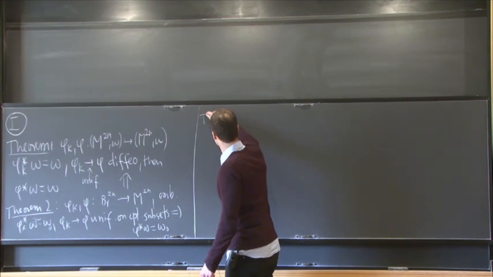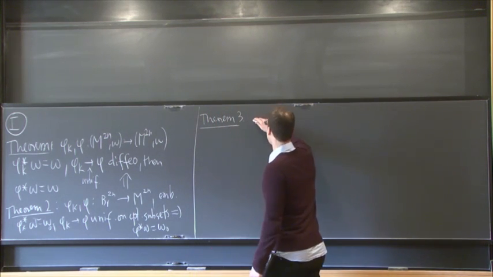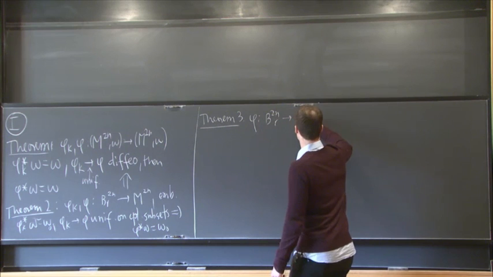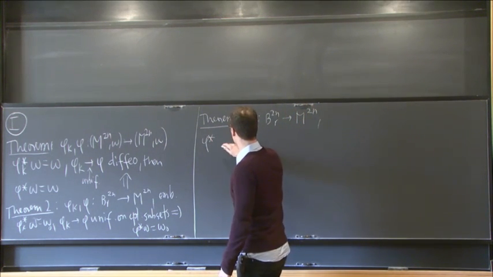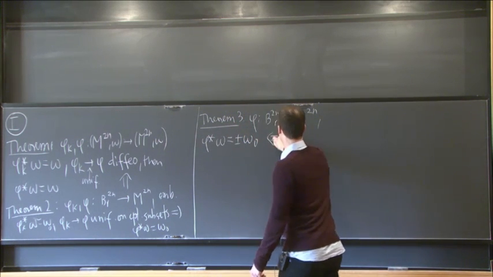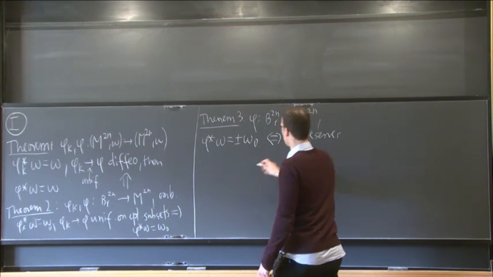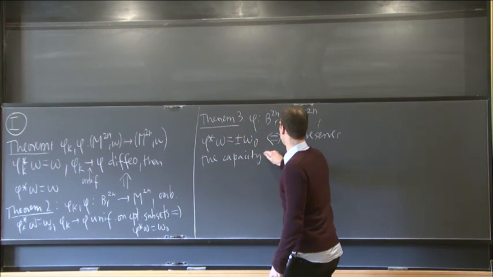And the key to that is that if we have these embeddings, phi, then phi star of omega is plus minus omega 0 if and only if phi preserves the capacity of ellipsoids.